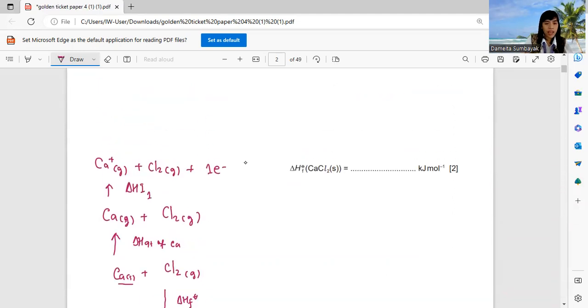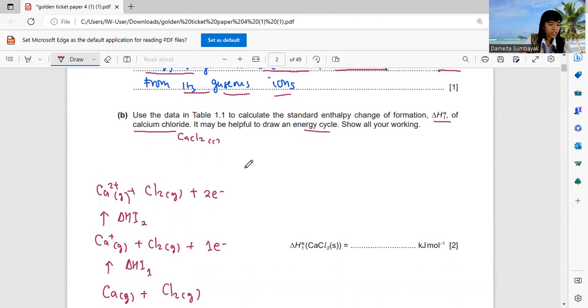Next, we lose 1 more electron from Ca+ to become Ca2+, plus Cl2 gas plus 2 electrons. We call this delta H ionization, the second ionization energy. Then here we already obtained Ca2+ gas, the one that we want.